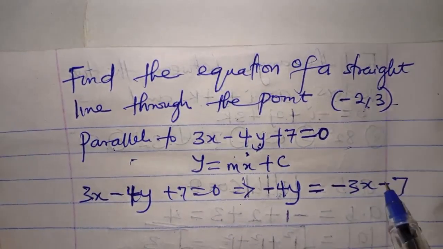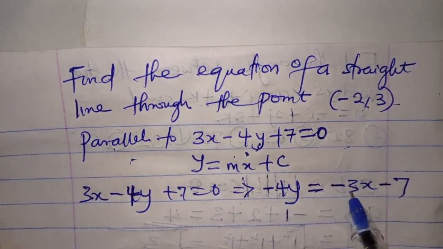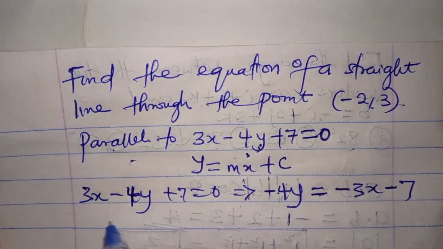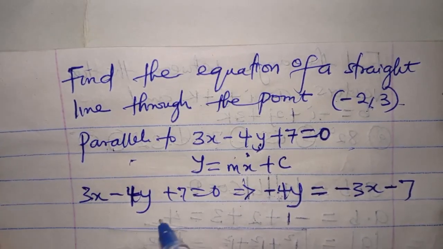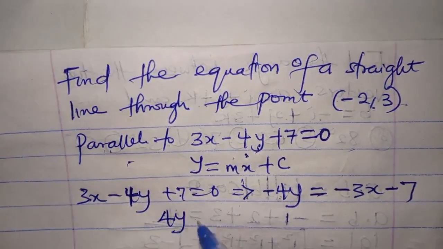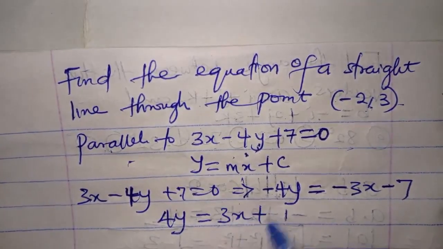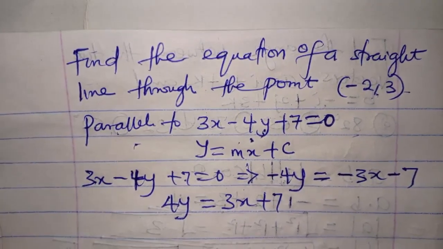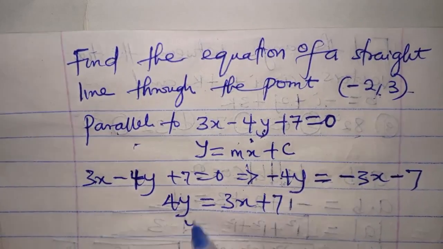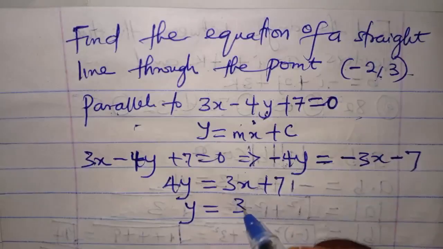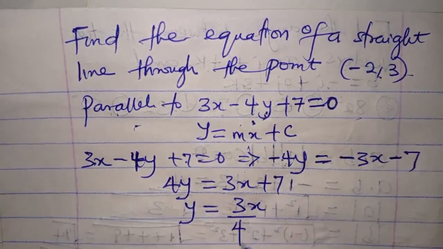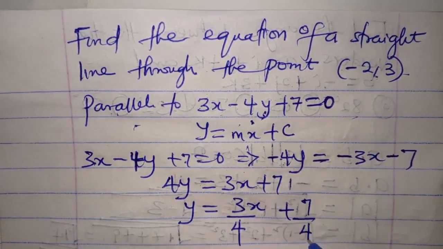Minus is common to all of them, so we can divide all through by minus to obtain 4y equal to 3x plus 7. Dividing both sides by 4, y is equal to 3x over 4 plus 7 all over 4.